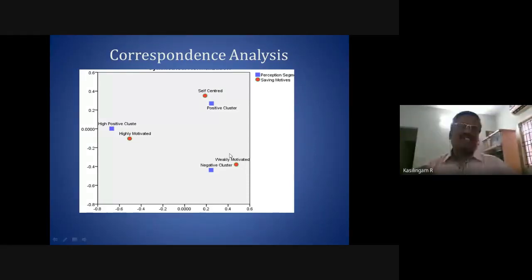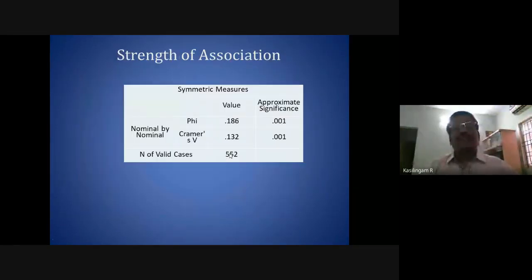Having stated there is an association, we should not stop. We should produce more interesting results. That is why we need to go for another one. Here, phi and Cramer's V, right?